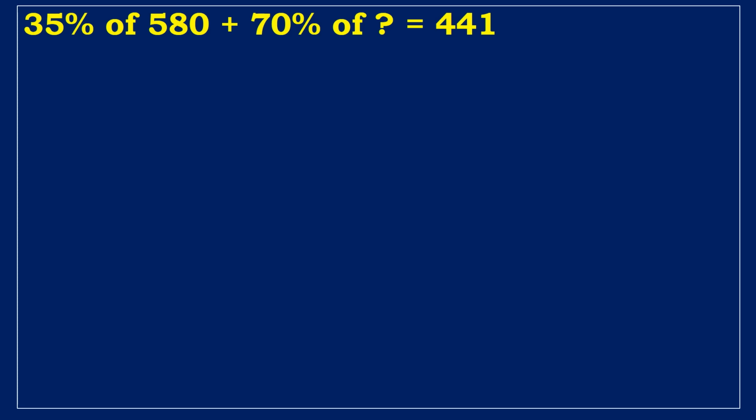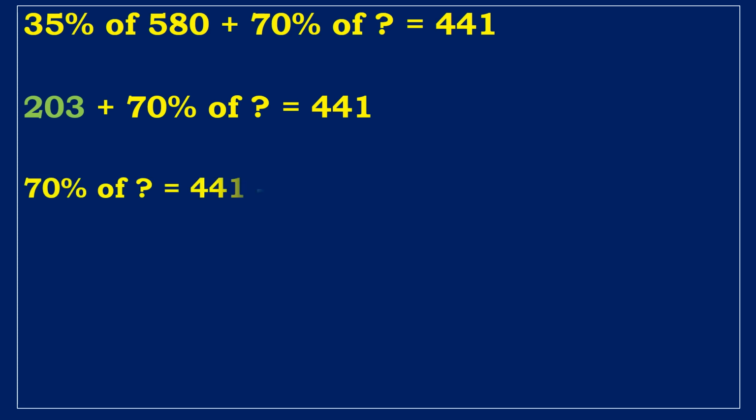First, 35% of 580 can be calculated as 203. When we subtract 203 from 441, we get 238. So, 70% of what value is 238?